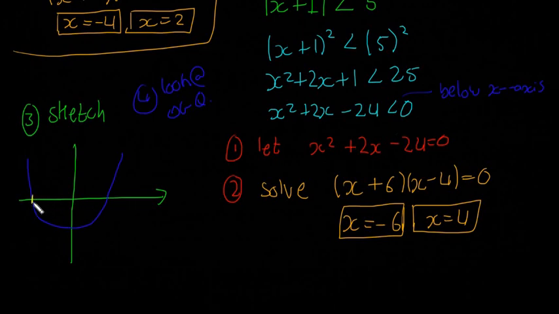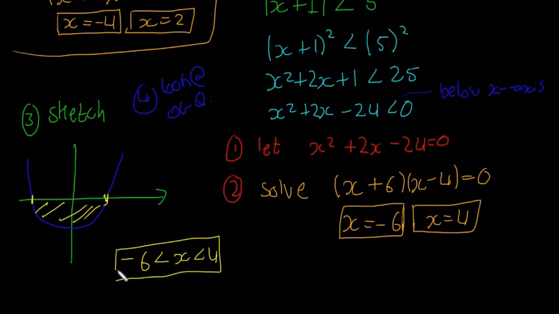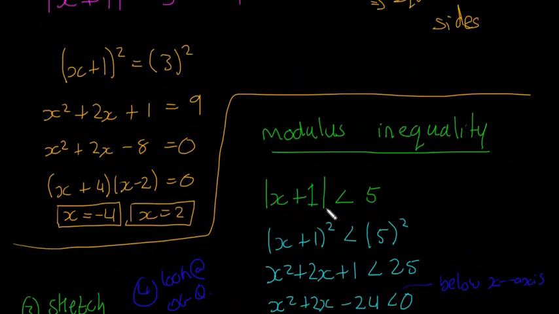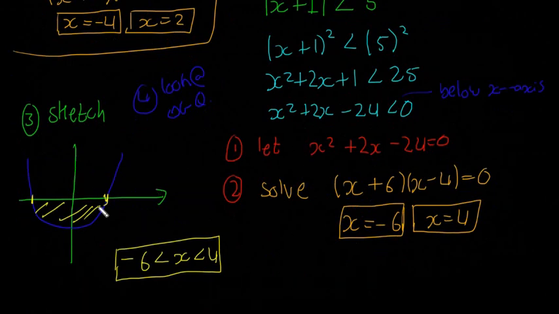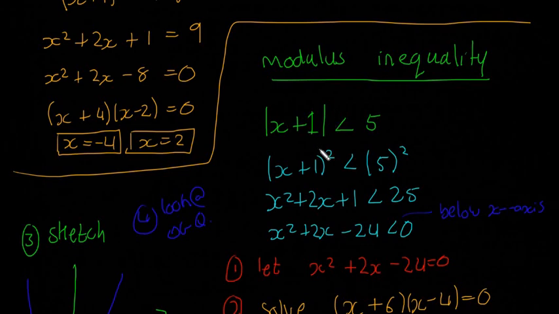That's between -6 and 4, so anywhere here is below the x-axis. So our answer is -6 is less than x is less than 4. And that's how you solve a modulus inequality. Most of these questions end up just turning into a normal quadratic inequality.